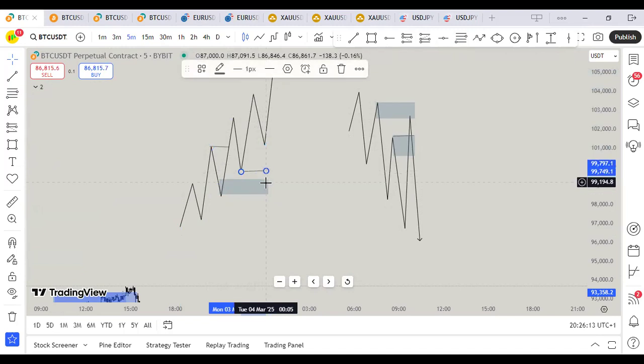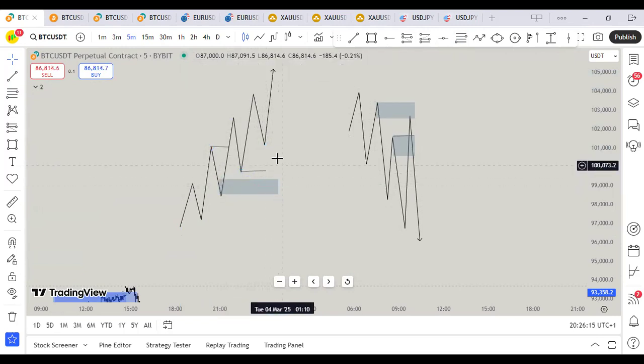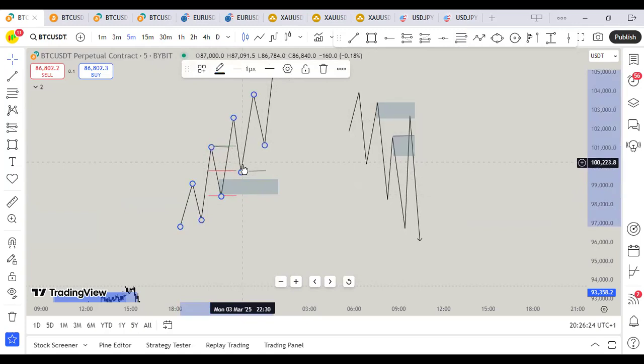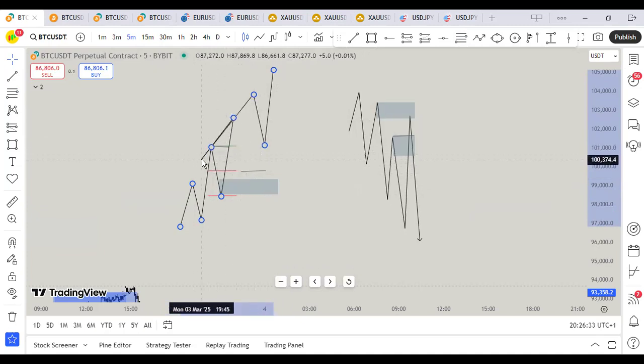To make sure that my own liquidity is valid, my liquidity should come into the 50%. It's not all the time. It's not a must that the market should be above the 50%, or that it should come back into that break of structure zone.